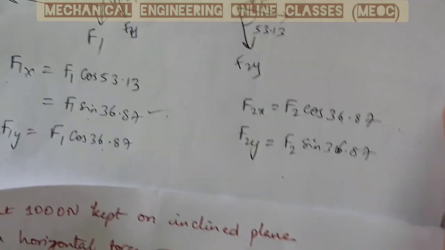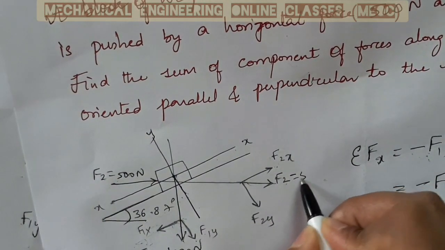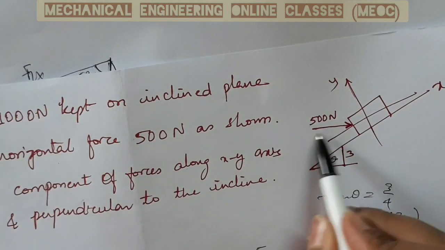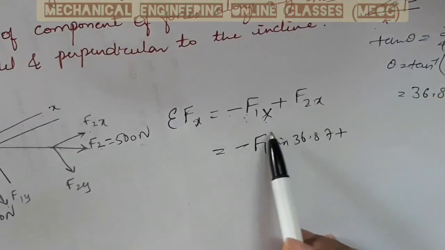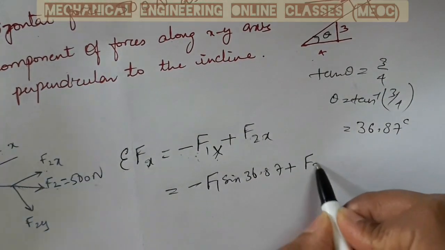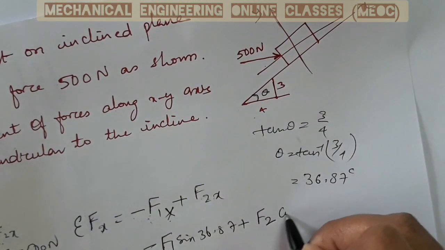What is F2? The value of F2 is 500 Newton force. This is the horizontal force, right? This we named as F2. The weight force we named as F1. So this is plus F2 cos 36.87.